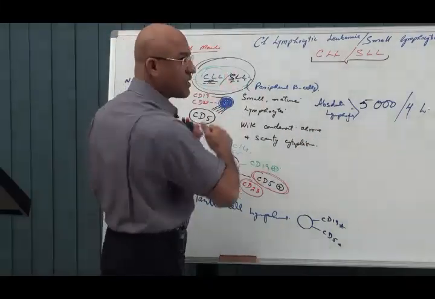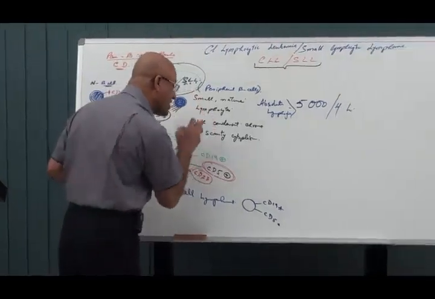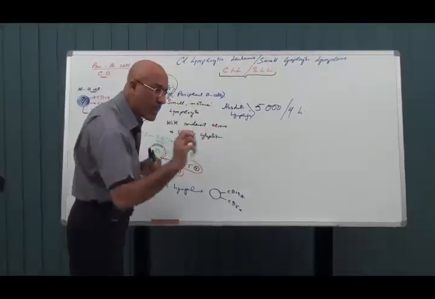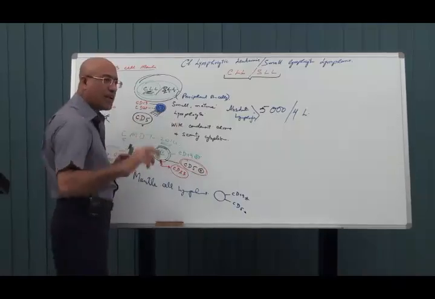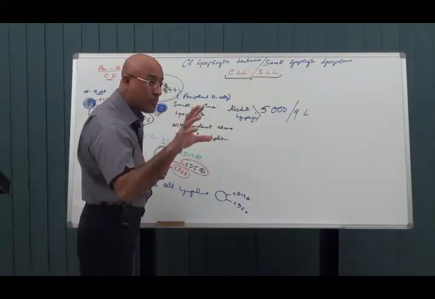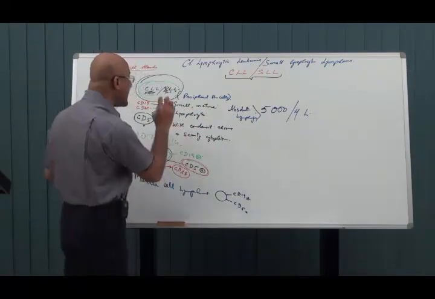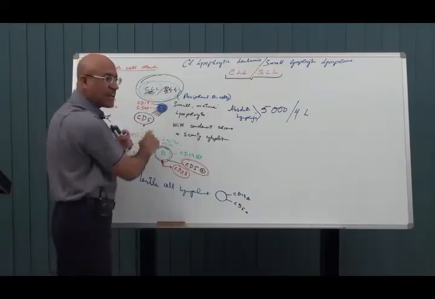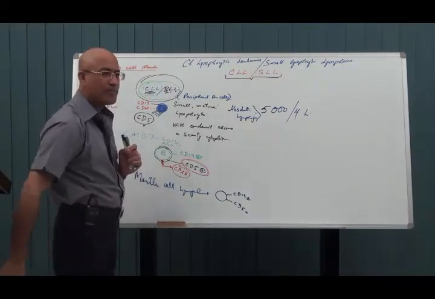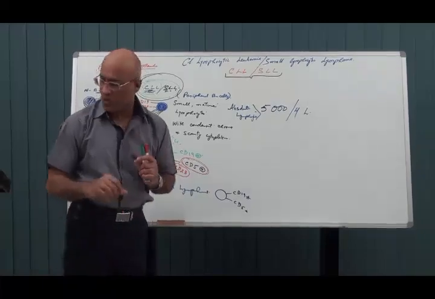Now we put them together. Why? Cells of origin, cell biological behavior, underlying phenotype, underlying molecular pathogenesis and therapeutic responses are similar except tissue distribution. Am I clear? Yes. No question?